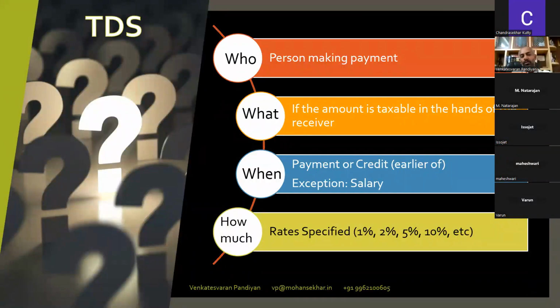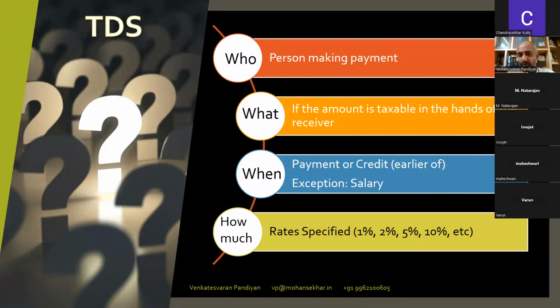Now, getting into details of TDS. When you look at TDS, generally you can look at these 4 parameters to determine whether TDS is applicable, and if so, what the rate is and when you go about making the deductions.